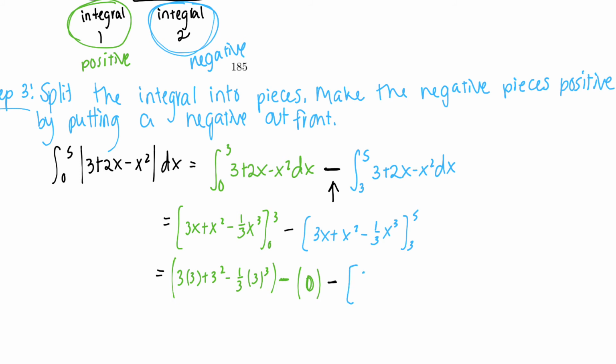Minus plugging in 5, 3 times 5 plus 5 squared minus 1/3 times 5 cubed, minus plugging in 3 times 3 plus 3 squared minus 1/3 times 3 cubed.